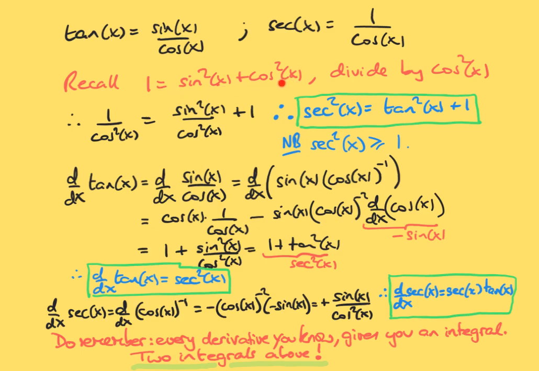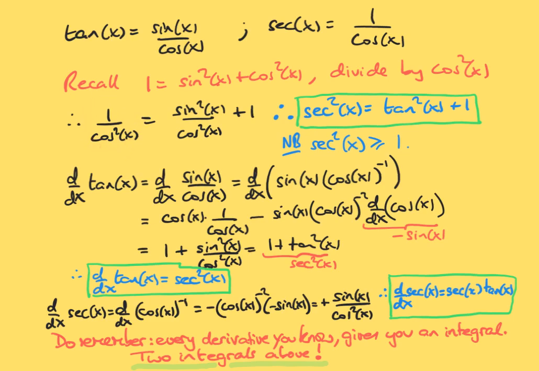So we'll take this, and this doesn't yet have secants and tangents in it, so let's divide it by cosine squared. That way we're going to get sine squared over cosine squared. Cosine squared over cosine squared is 1, and on this side we have 1 over cosine squared. So this is the secant squared.